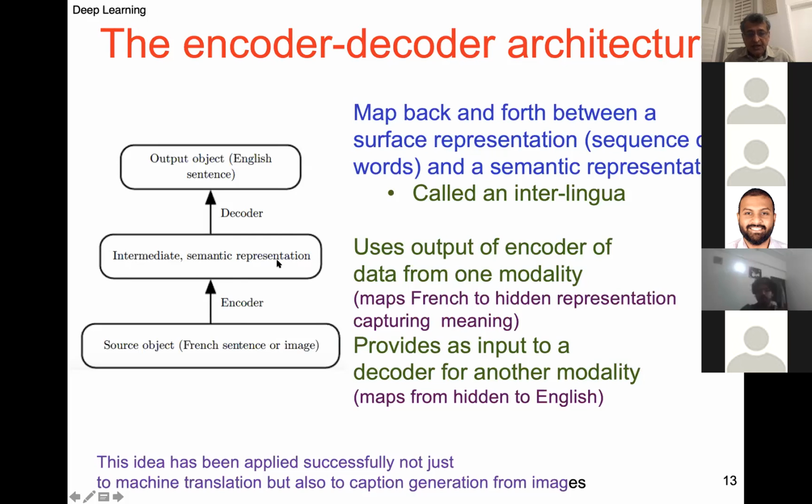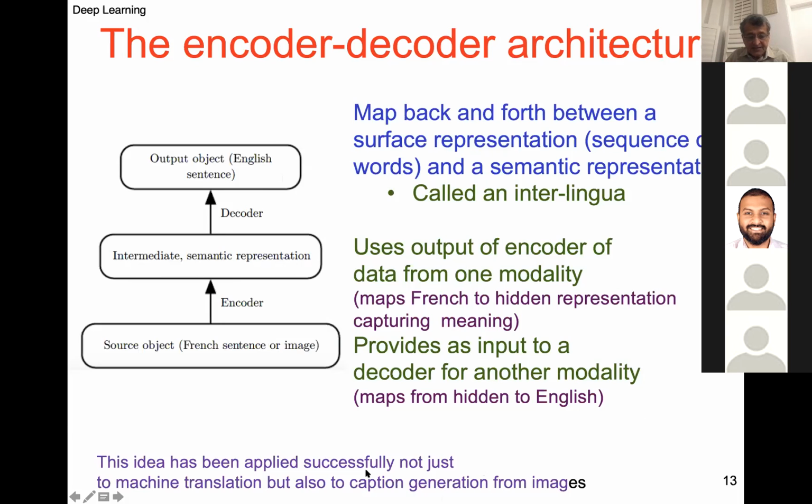It uses the output of the encoder for data from one modality, mapping French to a hidden representation capturing the meaning, and provides it as input to a decoder for another modality, mapping from hidden to English. So it's like we are reading something in one language, mapping it to a mental representation, and then emitting that mental representation in another language.